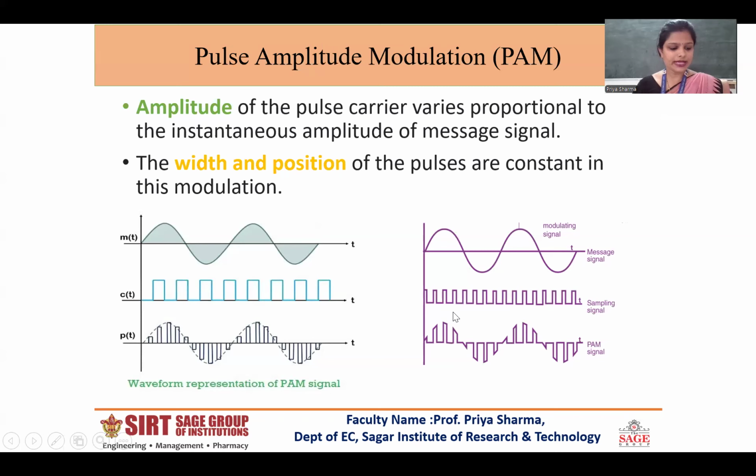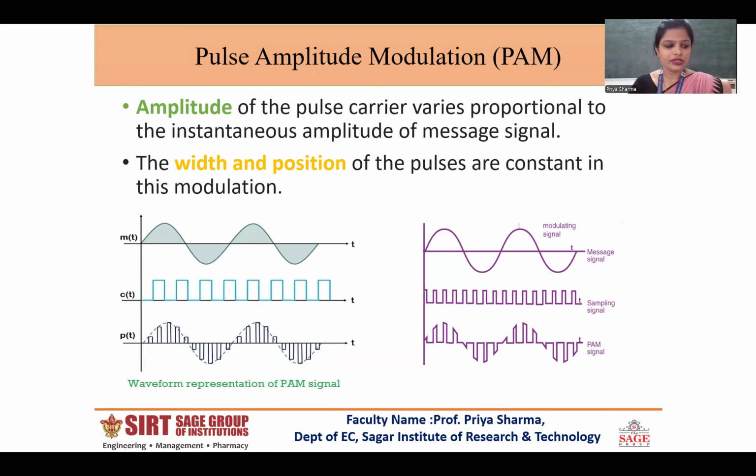Now coming to pulse amplitude modulation. So basically what we have read till now, sampling, is pulse amplitude modulation only. How is the amplitude of the pulse varied? The amplitude of the pulse carrier varies in proportion to the instantaneous value of the amplitude of the message signal. The width and the position of the pulses are constant in this modulation.